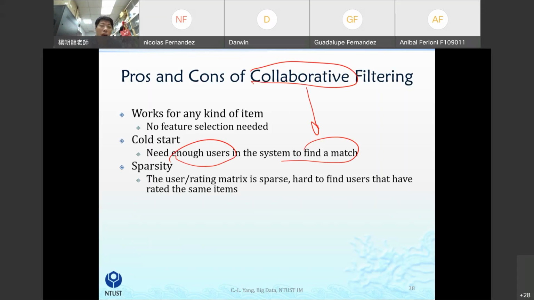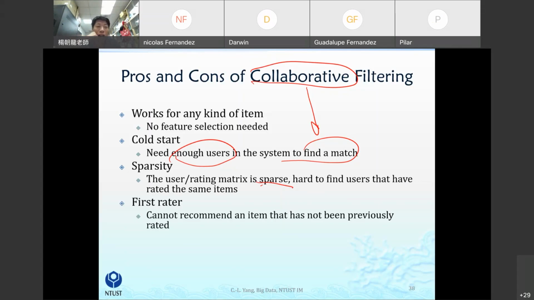And the sparsity: yes, the user rating matrix is sparse, and how do you find users that have rated the same items? Sometimes you have very few ratings on an item, so it's probably facing trouble. And the first rater problem: you cannot recommend an item that has not been previously rated. If it's new, then probably you will not really recommend it.